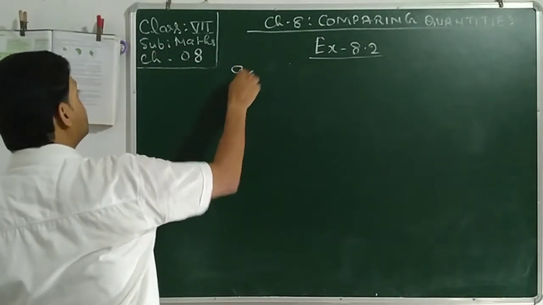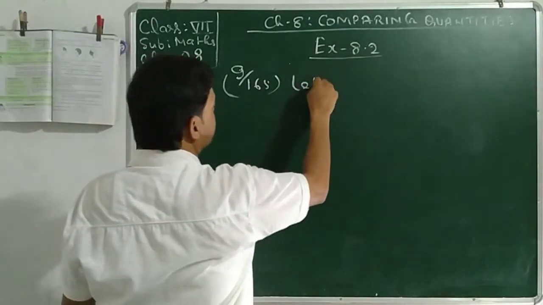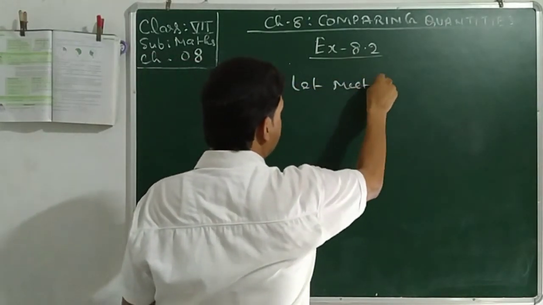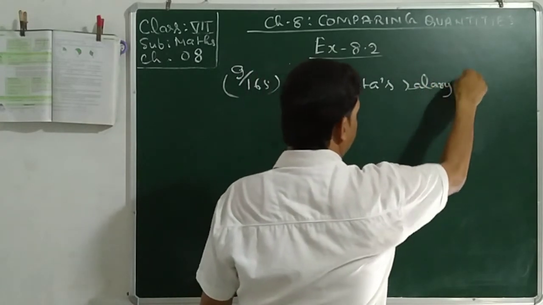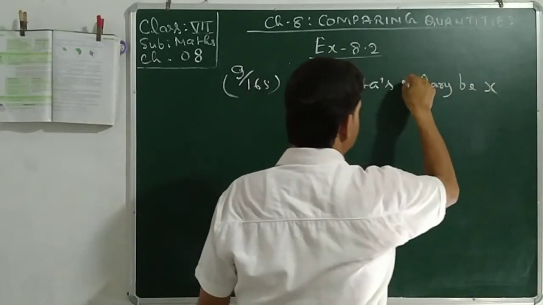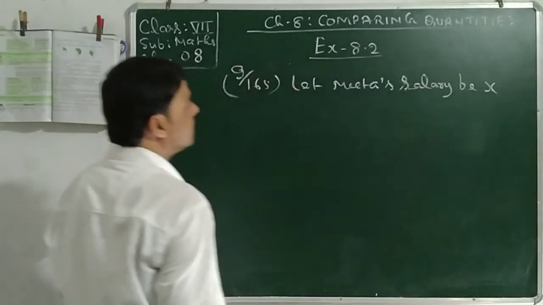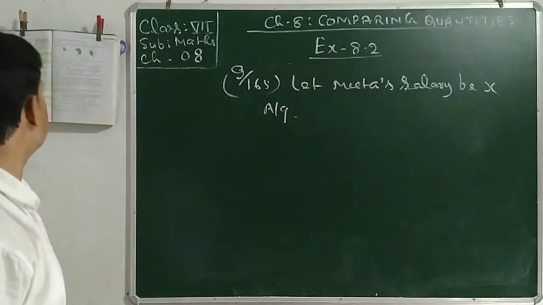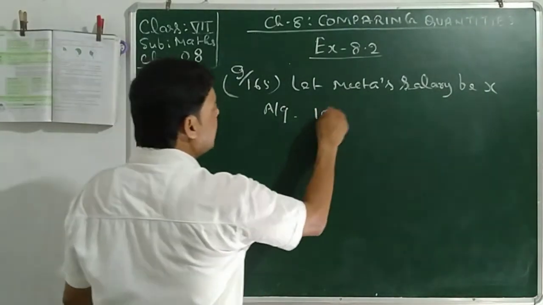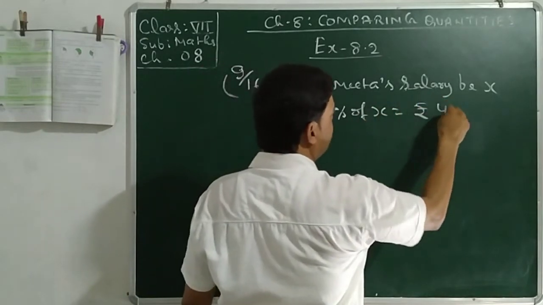So let Meeta's salary be X. According to the question, 10% of X equals rupees 400.